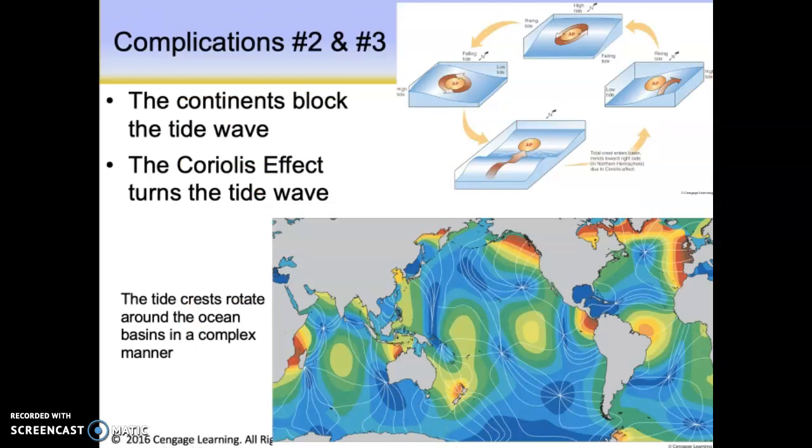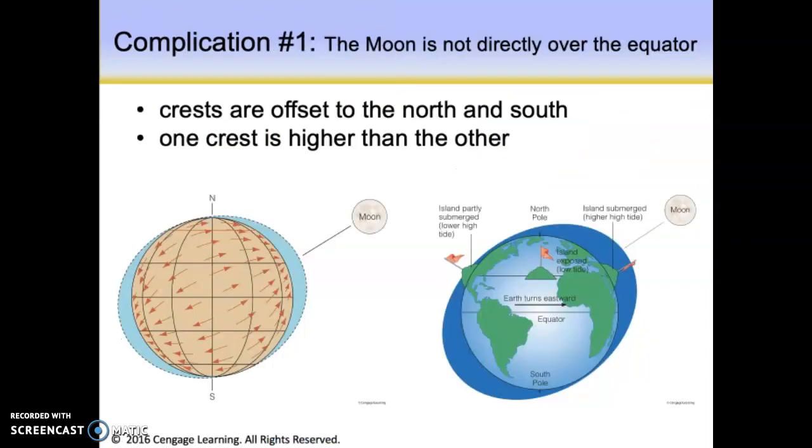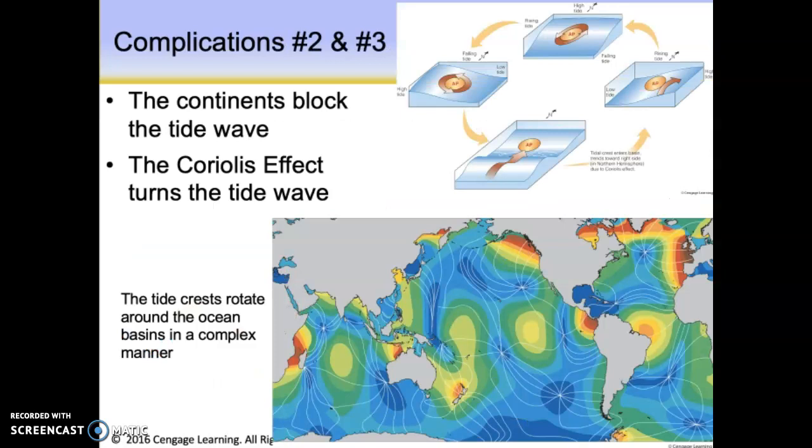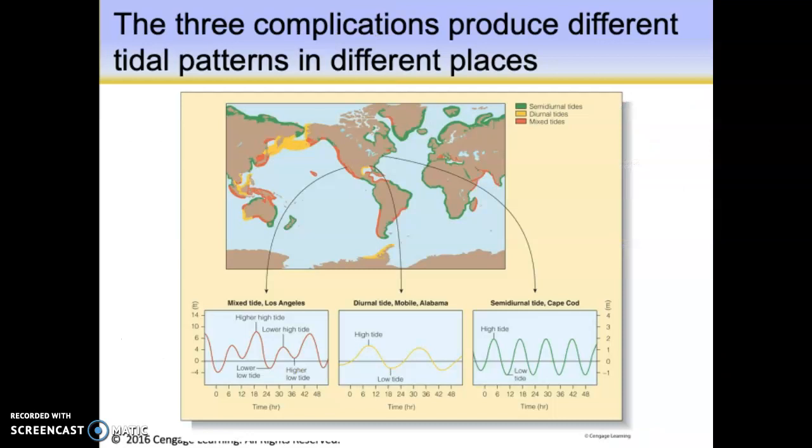So our three complications, remember, are the moon's not directly over the equator. That gives us these mixed tides. And the tide wave actually rotates around the ocean basins. And when we put all that together, we end up with three different types of tides. Some places actually get those two equal high tides a day. That's on the right-hand side.